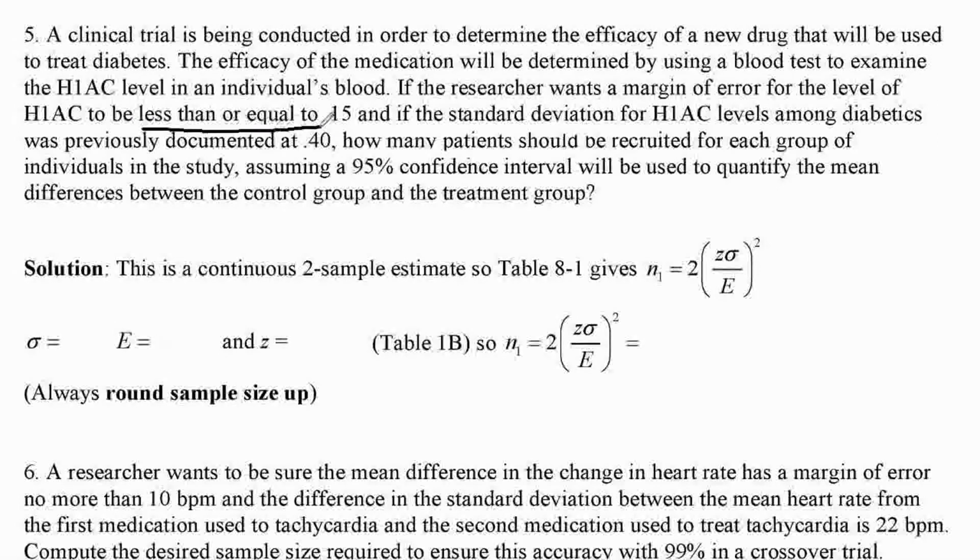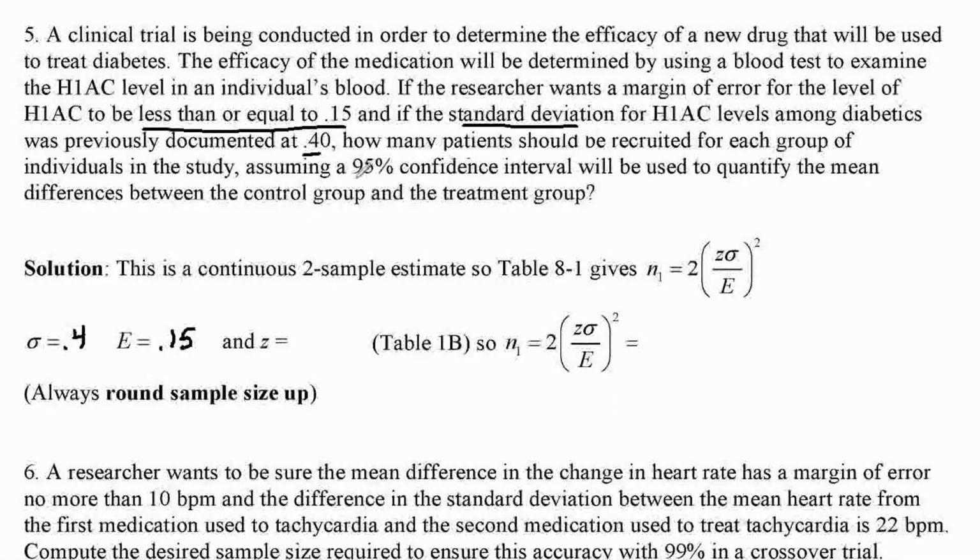Okay, so that's our E is going to be 0.15, so I'll go ahead and put that down here. And then the standard deviation for those hemoglobin levels among diabetics were previously documented at 0.4, and again, that's standard deviation, so that's going to be sigma, so that's 0.4, 0.40.